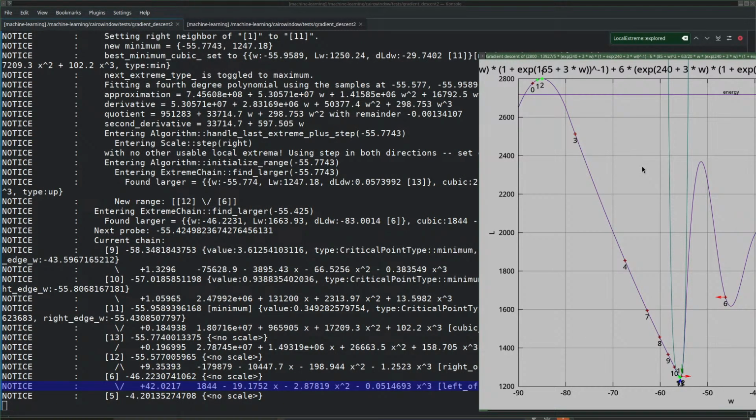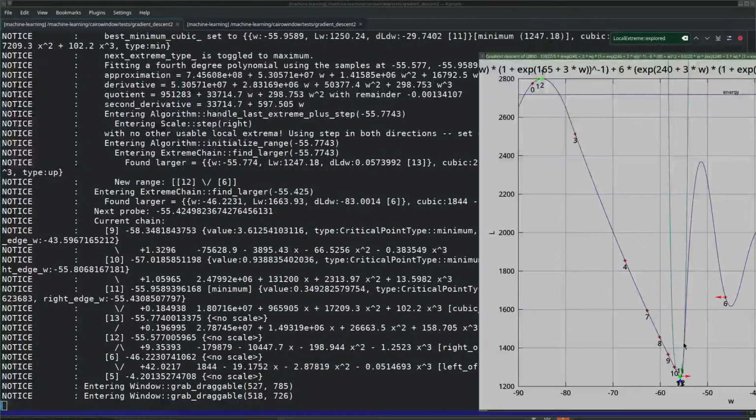So now sol minimum is set to true because we found that one.